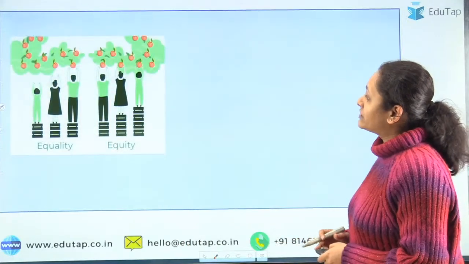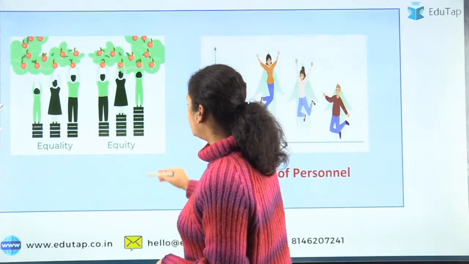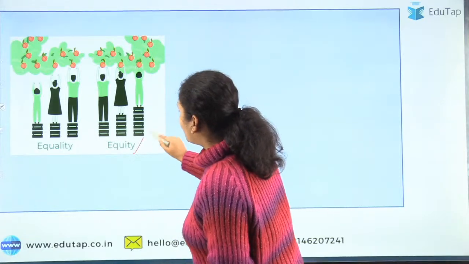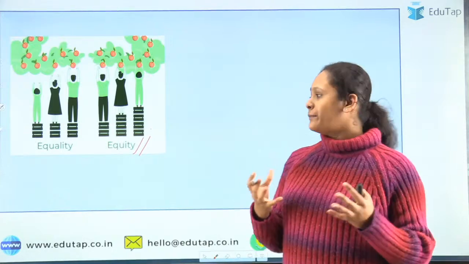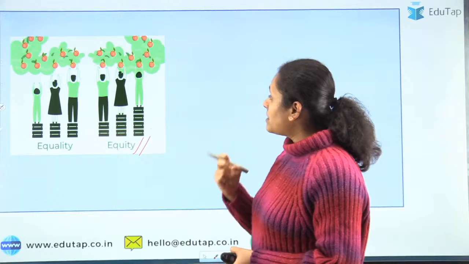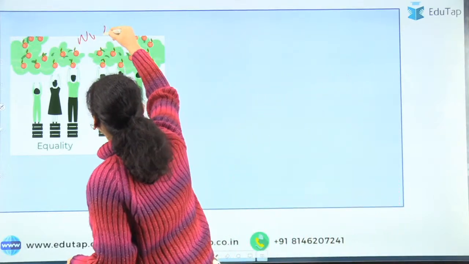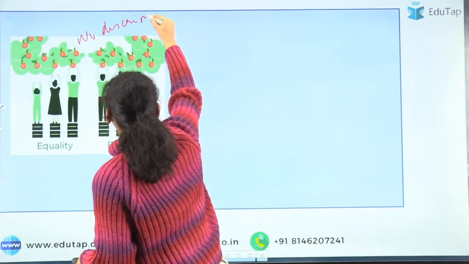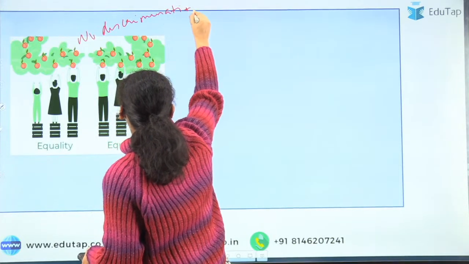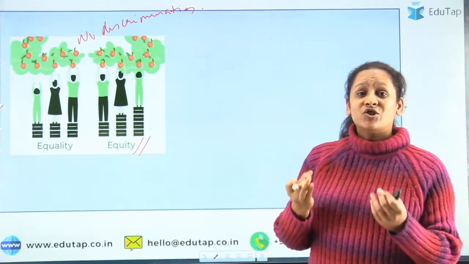Now let's move to the next principle. The next principle spoke about equality or equity. What do I mean by equity or equality? Henry Fayol said that people should not be discriminated. There should be no discrimination on factors like gender, class, religion, anything.